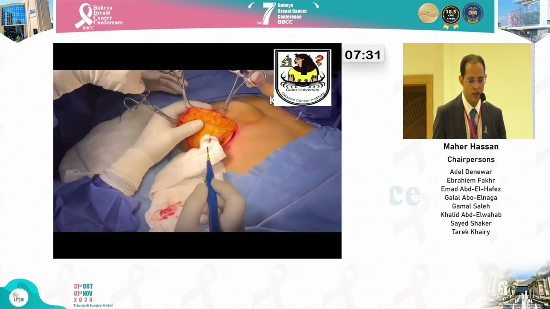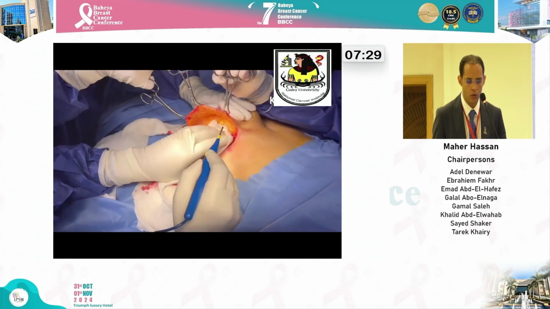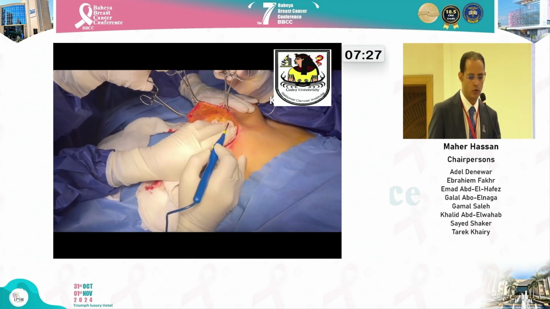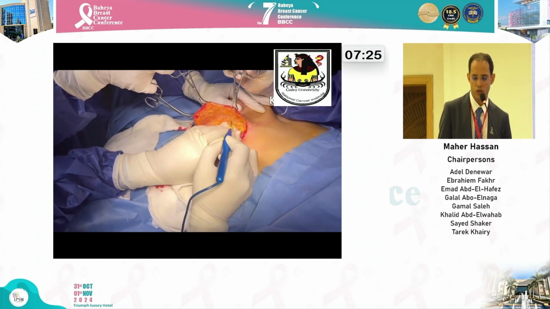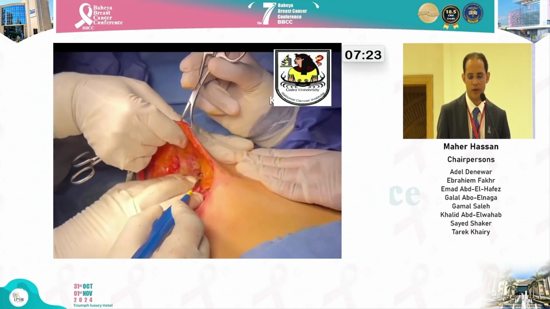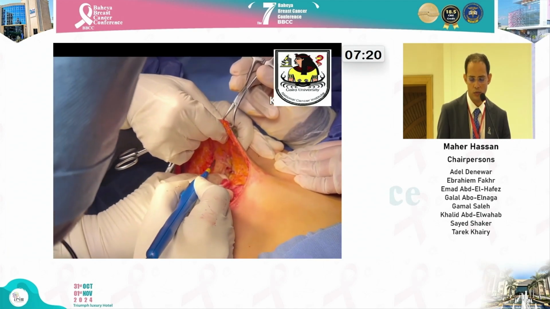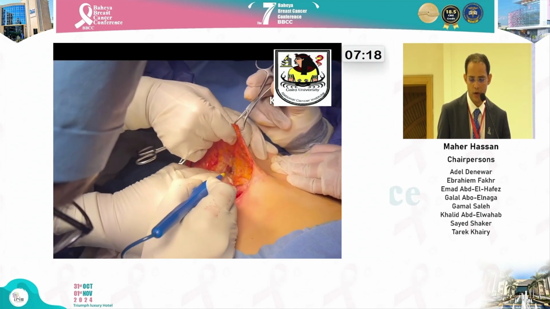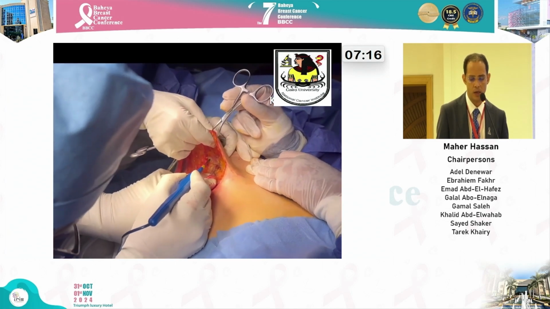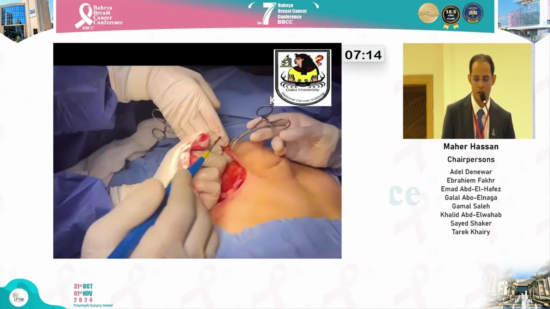We use the diathermy in all our cases. We don't use the scissors, and we don't use tumescent. It is a surgical preference, as the surgeon prefers. And we dissect under the nipple areola complex using the cutting diathermy.